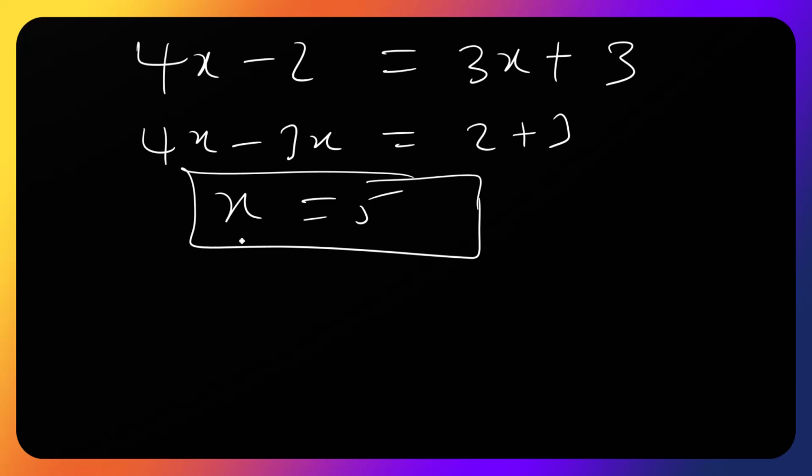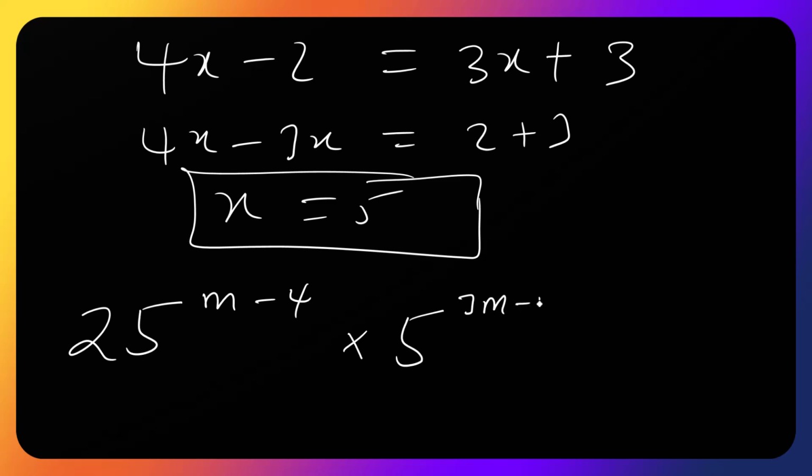Now let's look at the next example. So we have 25 raised to m minus 4 times 5 raised to 3m minus 5 equals to 3125. Now, once we have the least number here as 5, this side will be 5 squared.